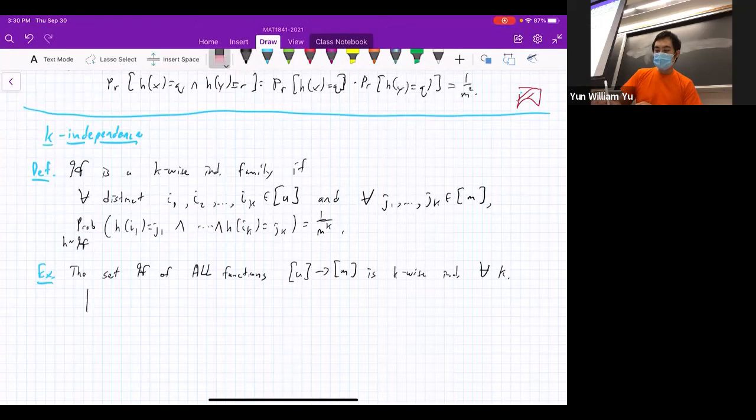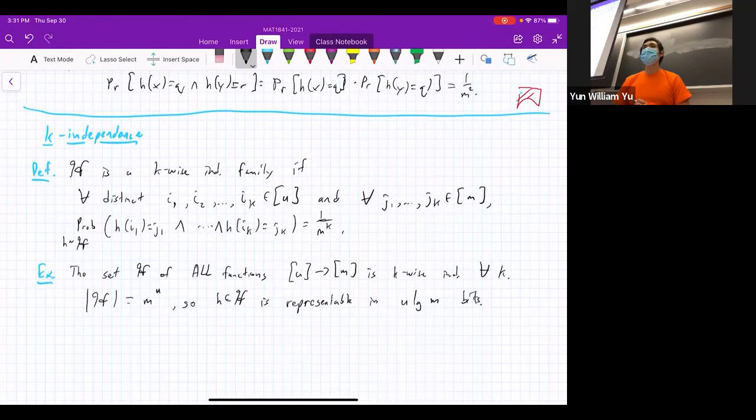Note, of course, that this takes up a lot of space to represent, because the number of functions from U to M is M to the U. So H in H is representable in U log M bits. Okay, so the set of all functions is a k-wise independent family. This is unsurprising because that is a truly random hash function that you could use.